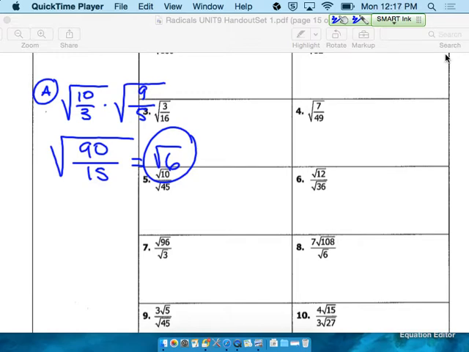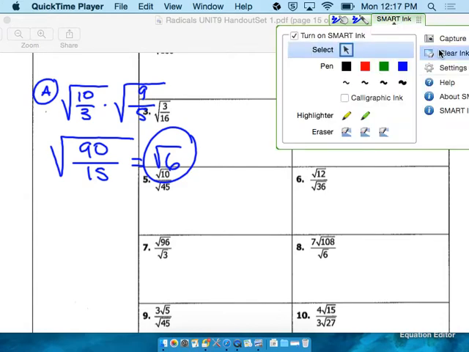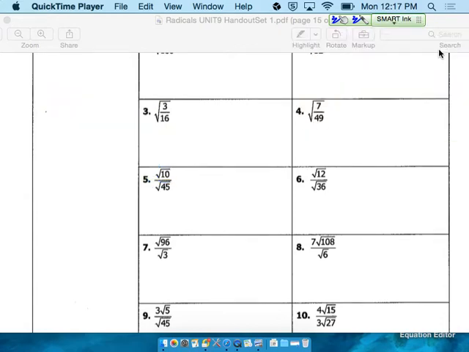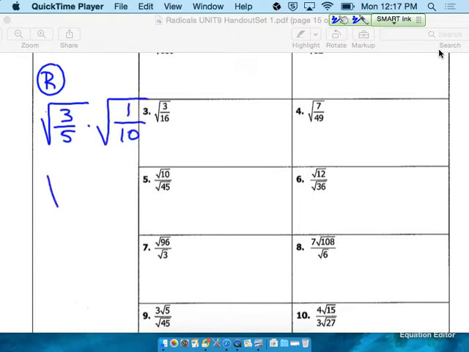Let's look at something like letter R instead. For letter R, I've got radical 3 over 5 times radical 1 over 10. If I give myself one big radical, this is radical 3 over 50.